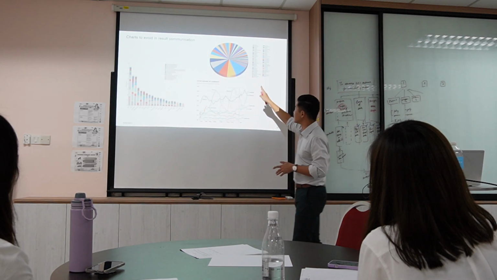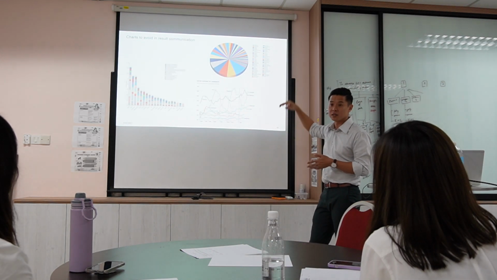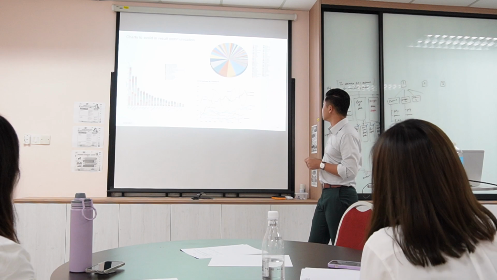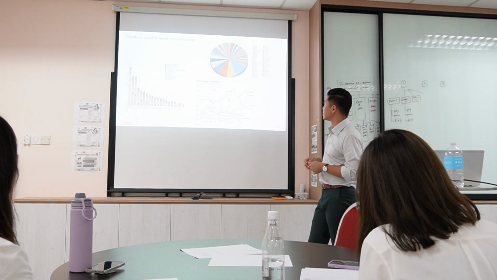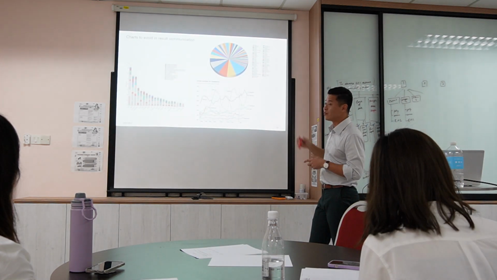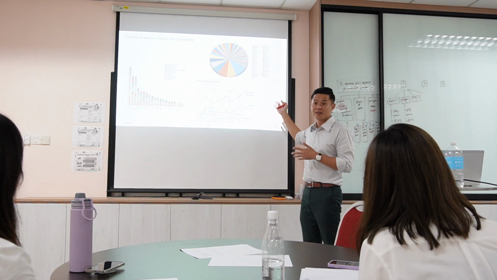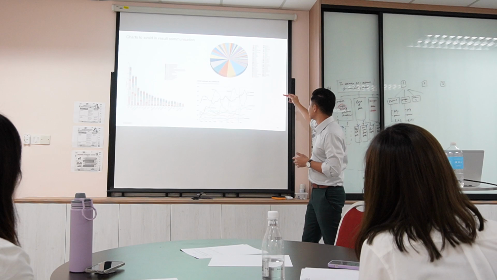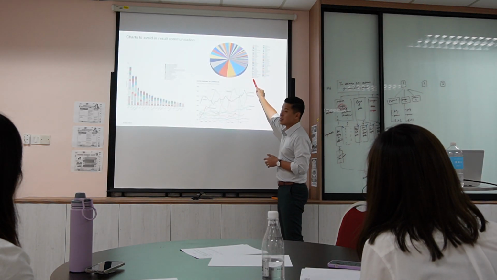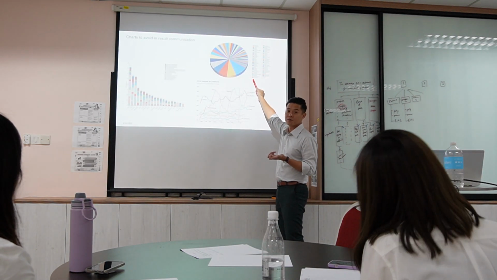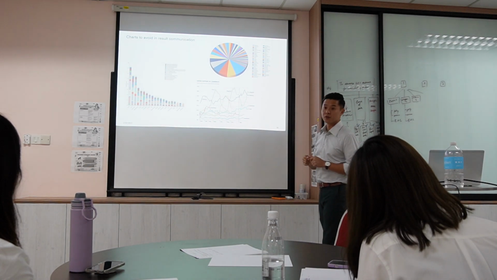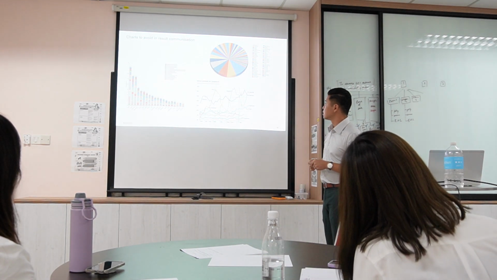But almost 80% of the pie chart, we can't really see anything. And not to mention that when we divide it into so many slices, we run out of colors. A lot of colors, like where is this? We can't tell. So it's not very effective communication after all.